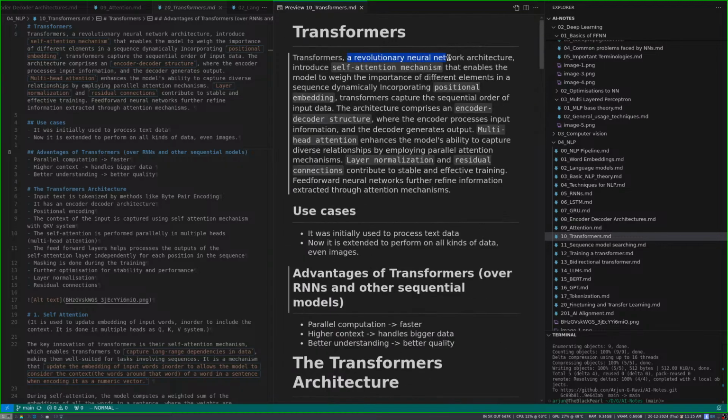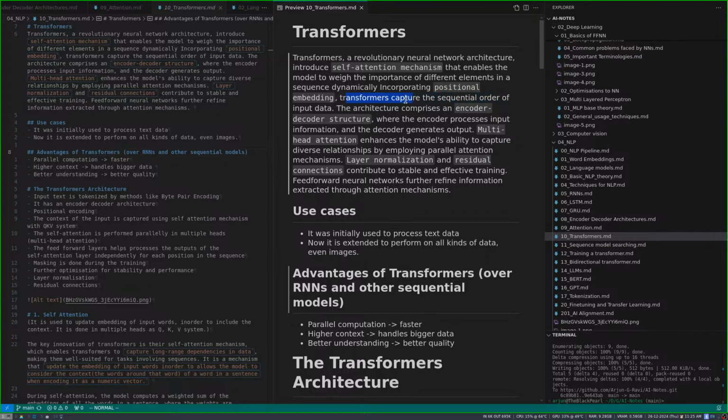It is a revolutionary neural network architecture which introduces a self-attention mechanism that enables the model to dynamically weigh the importance of different elements in the sequence, and also incorporates positional embedding.